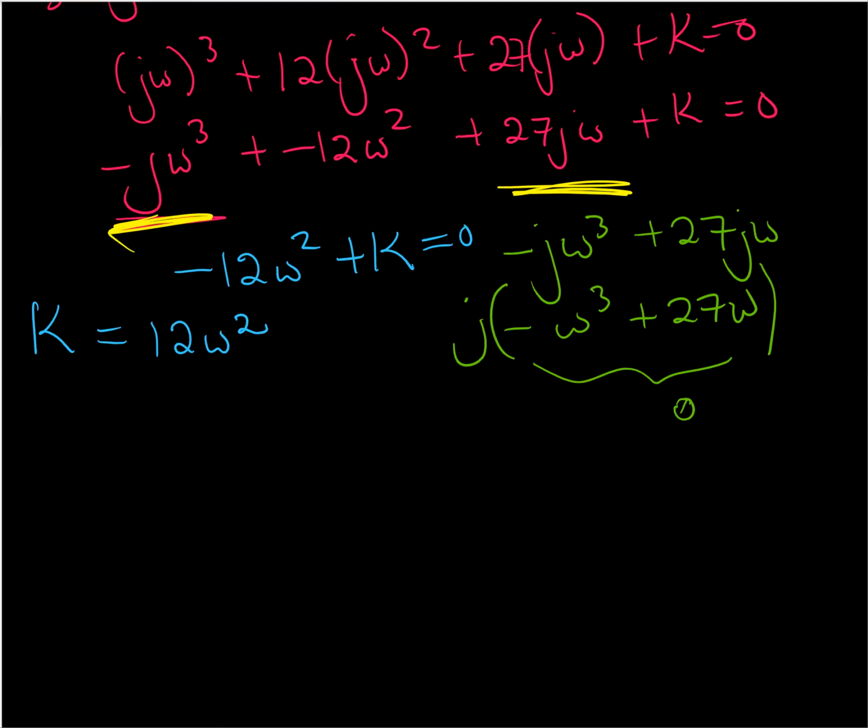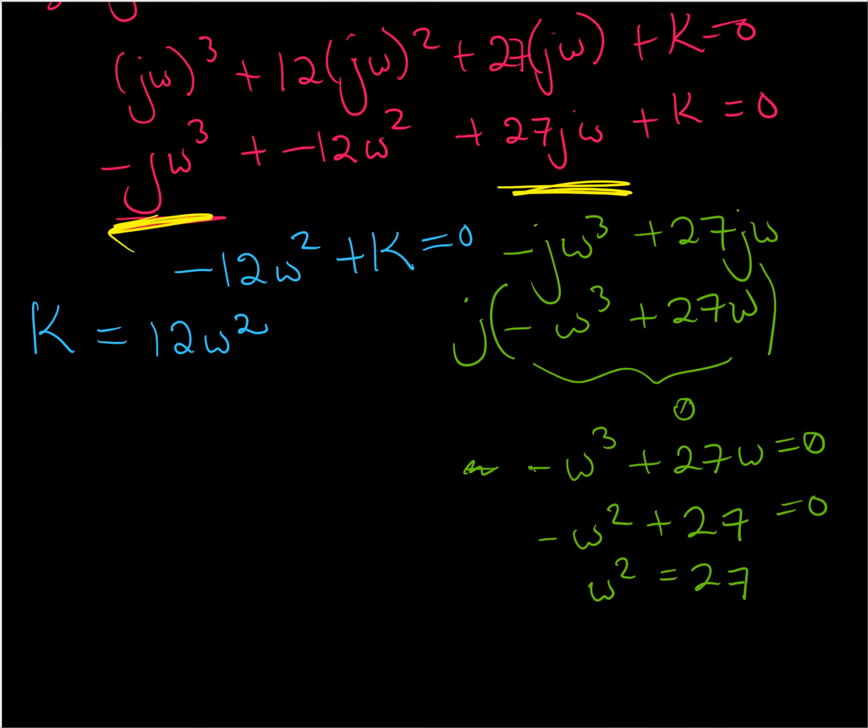And I can solve the second equation. First, I'll set it: minus omega cubed plus 27 omega equals 0. I can divide both sides by omega, and 0 divided by omega is still 0. So I'll get minus omega squared plus 27 equals 0, which leads to omega squared being equal to 27.